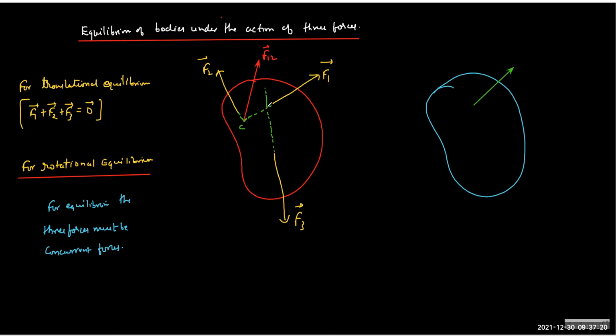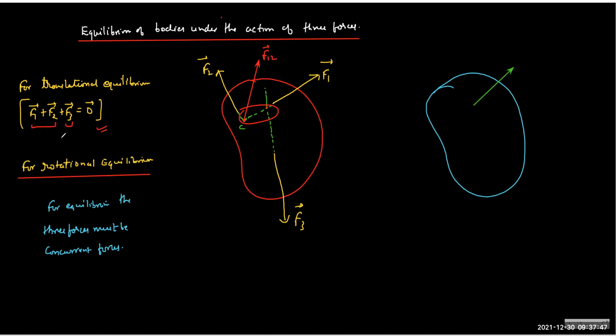The third force is here, so I can replace the first two forces by one single force. Then we have the third force and the first resultant, and these two must be equal. Why must they be equal? Because it is a translational equilibrium. It means the sum of any two forces must be equal to the third force in value and opposite in direction.